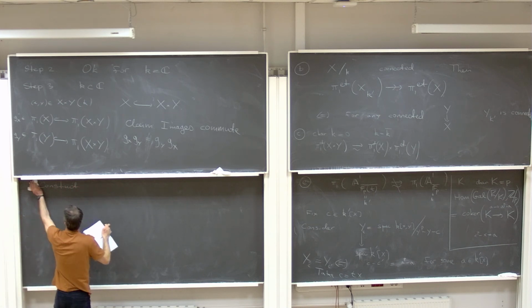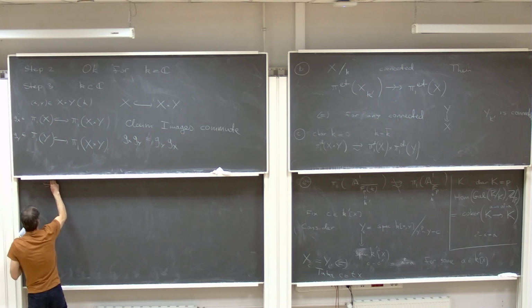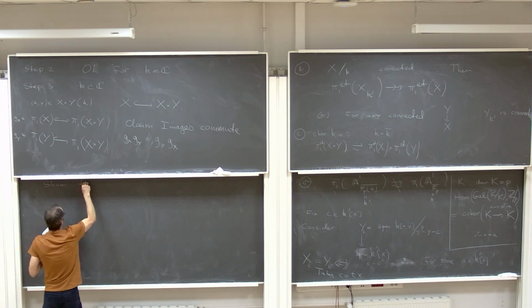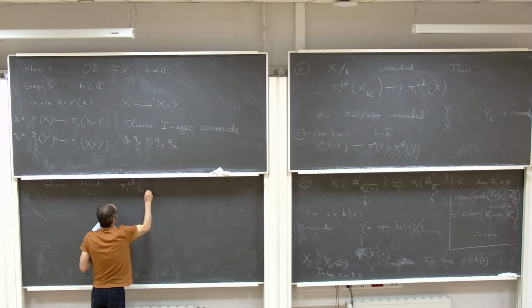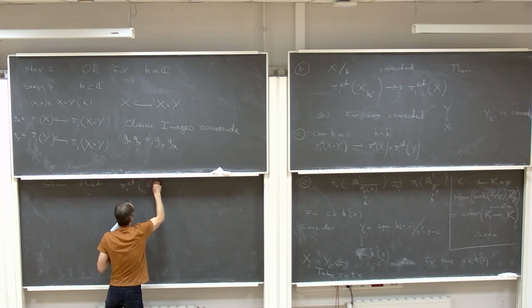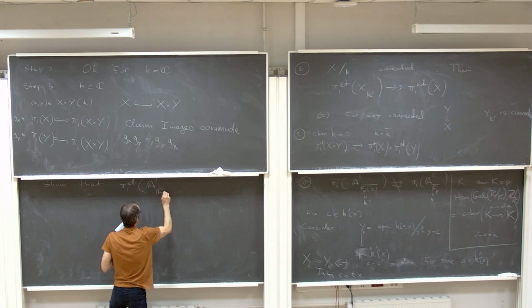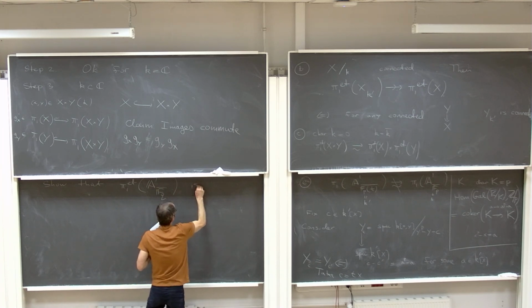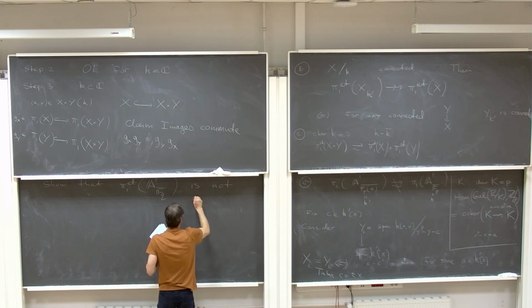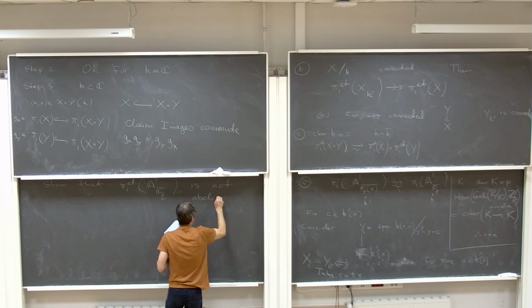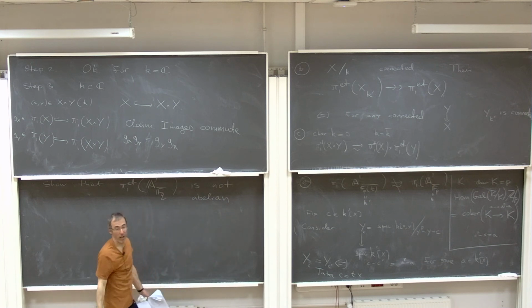Show that pi 1 étale of A1 over F_q bar is not abelian. Well, there are many ways of doing this.